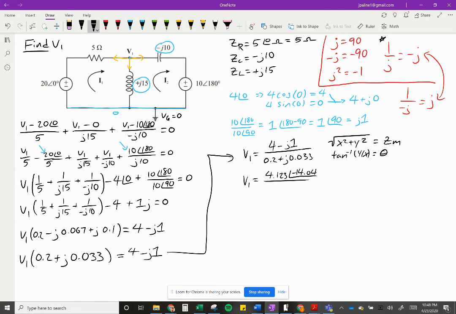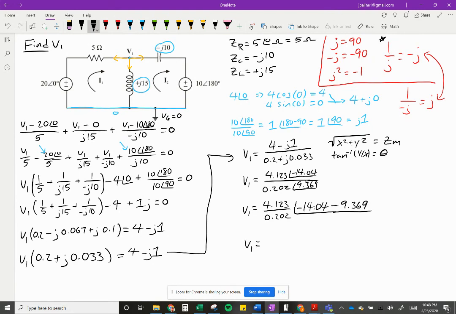Then we convert the bottom as well, 0.202 at angle 9.369 degrees. Now all we need to do is divide the front two numbers and subtract the back two numbers.